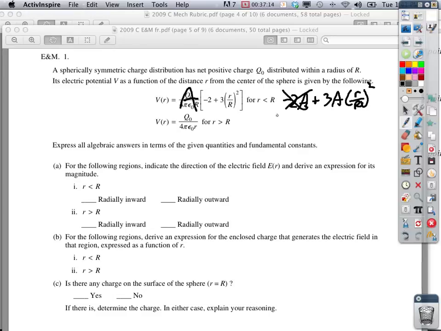That's why you cross it out. Now let's just take the derivative of this. This is essentially just 3a over R squared times r squared. What's the derivative of r squared? 2r. So this becomes 6a over R squared times r.